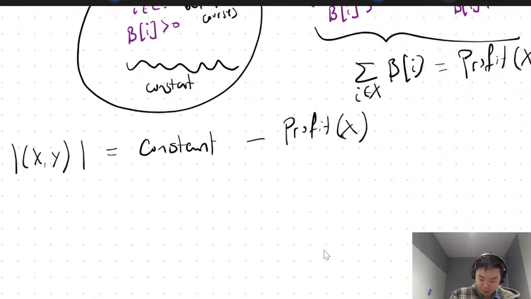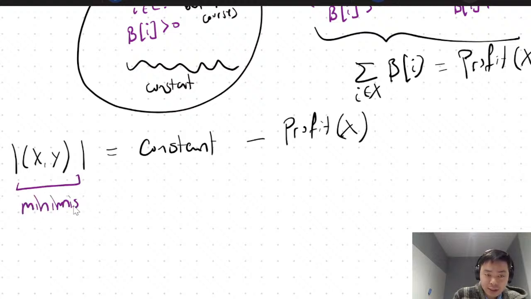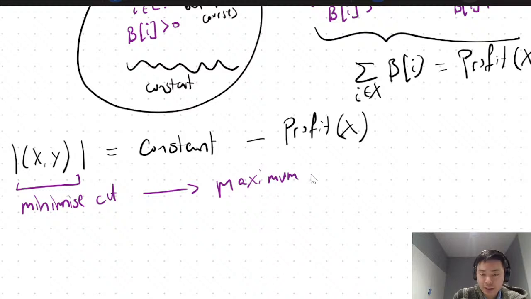So now what I have is, if I minimize this cut, minimizing the cut actually corresponds to maximum profit, right?